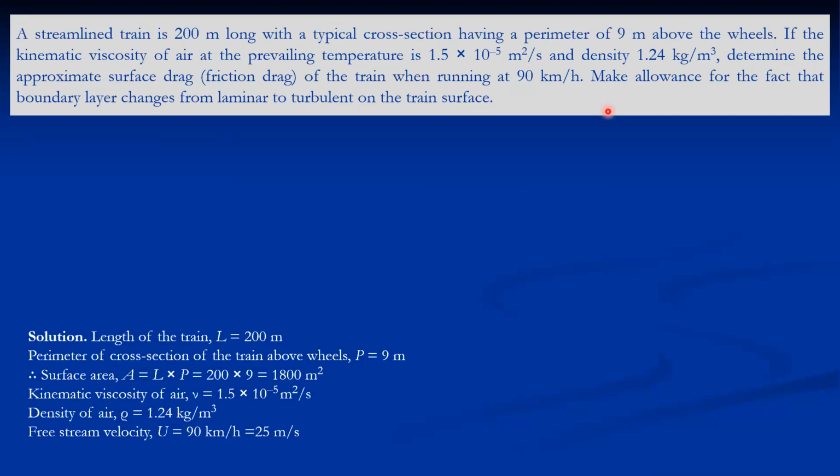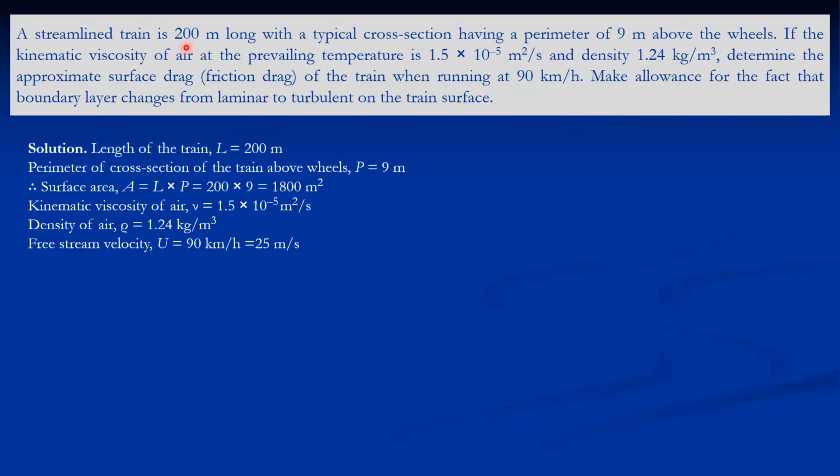So now, first the given quantities. Here the length of the train is given, 200 meters. Typical cross section perimeter of the train is 9 meters. Then the surface area of the train is length into perimeter. Perimeter means considering the sides and top. So over the entire surface, the area is 1800 meters squared.